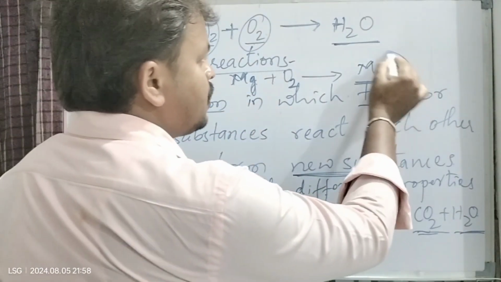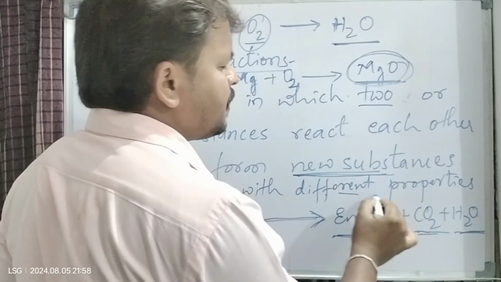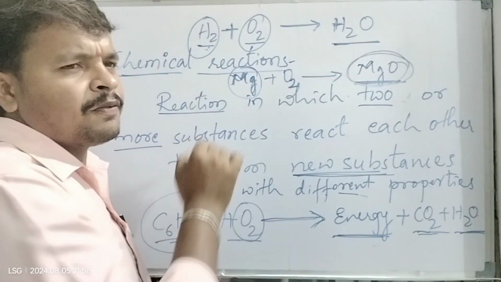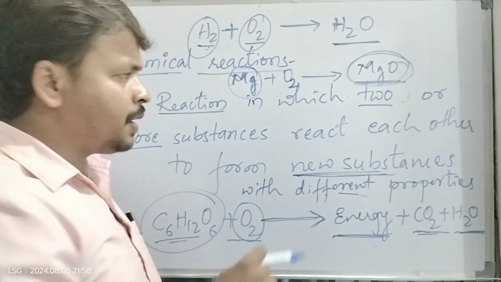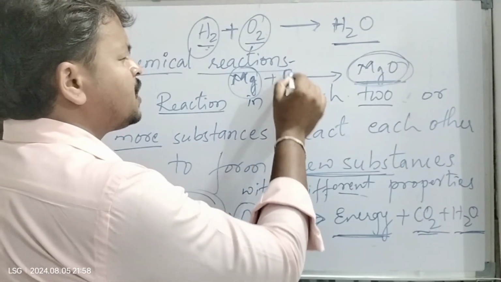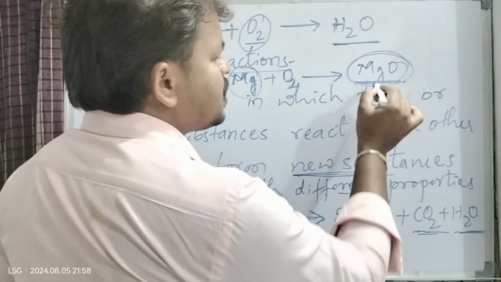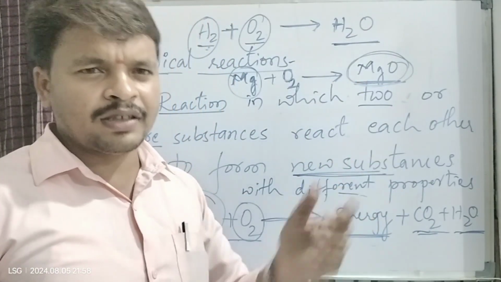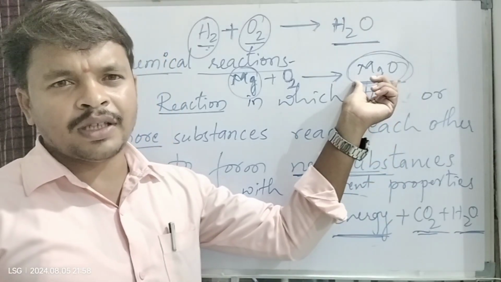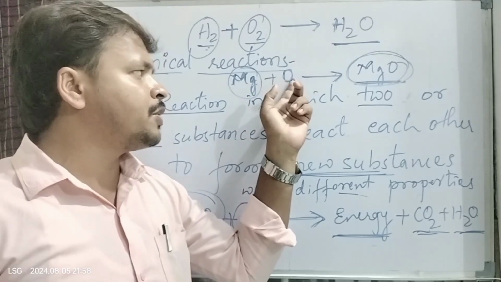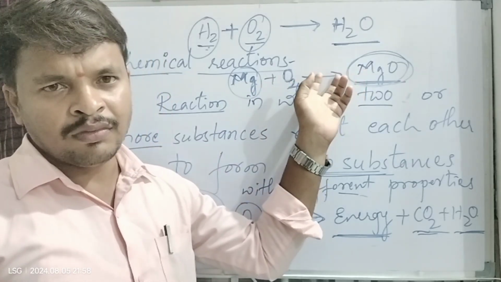After the chemical reaction, we get a new substance with a different property. Magnesium was in the form of a solid ribbon. When it is burned in the presence of oxygen, we get magnesium oxide ash, a powder-like substance. We get white color magnesium oxide. We will get a new substance. Its properties and these two properties are different before the reaction.